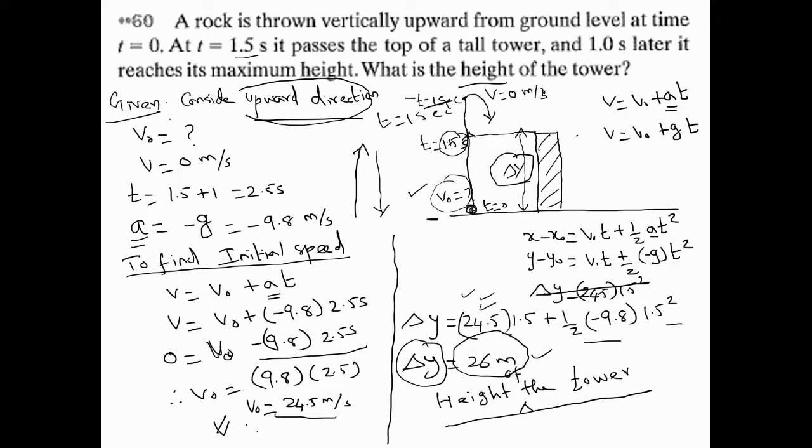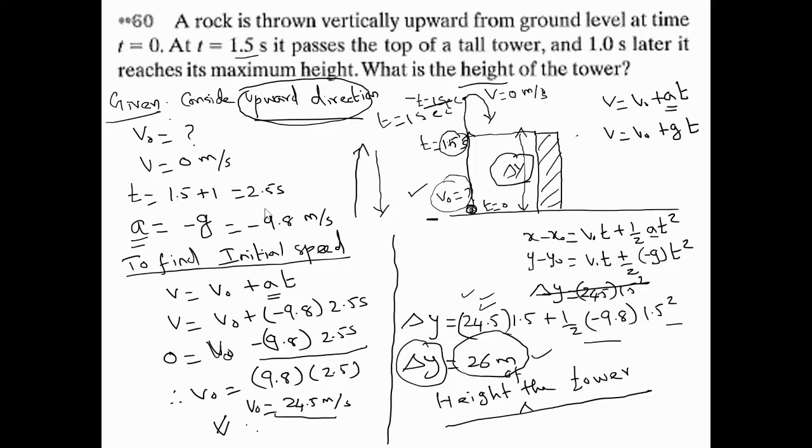Upward direction. Upward direction means it is a negative g value, so we use negative 9.81. Going upward it decelerates by 9.8 until it reaches zero, and when it comes down it accelerates by 9.8. Clear?